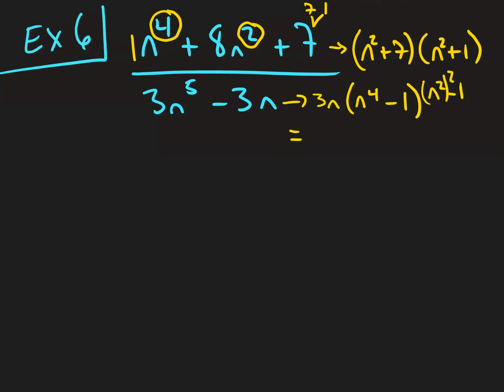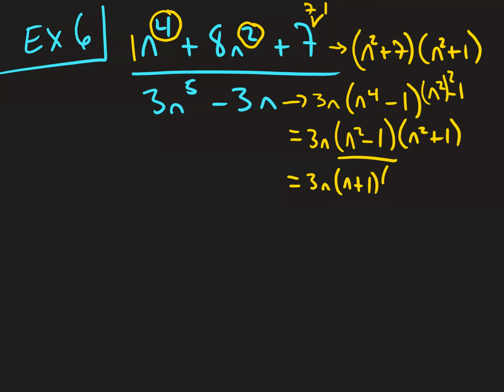So I can continue to factor the denominator to 3n times n squared minus 1 times n squared plus 1. Of course, n squared minus 1 is another difference of squares, so in the end, our denominator finally factors to 3n times n plus 1 times n minus 1 times our original n squared plus 1.